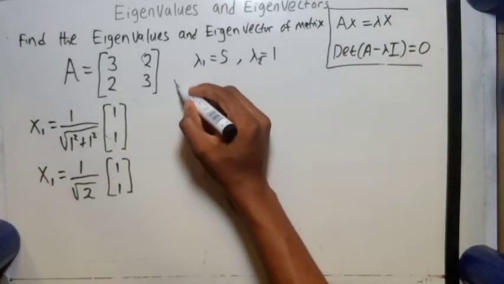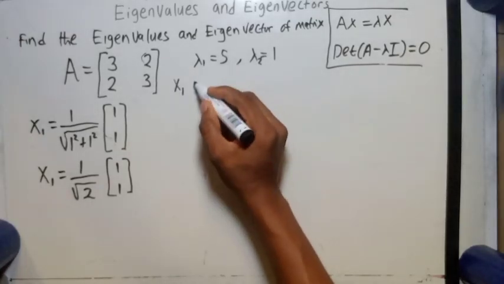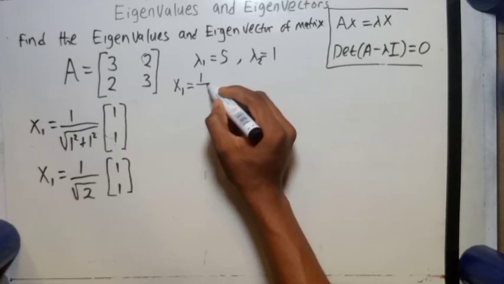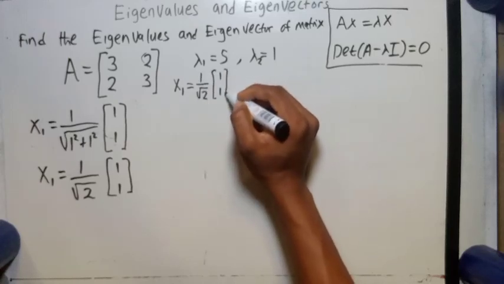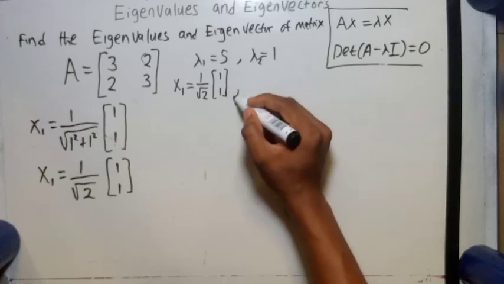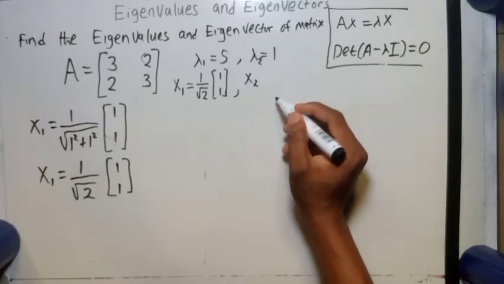So we can just say that our eigenvector for our eigenvalue of 5 is now going to be 1 over root 2 times (1, 1). That's now for us to find what? X2.